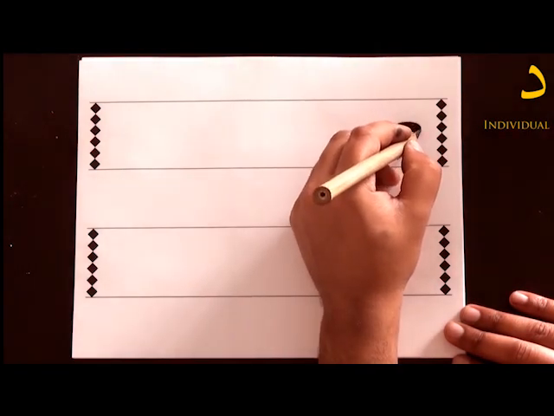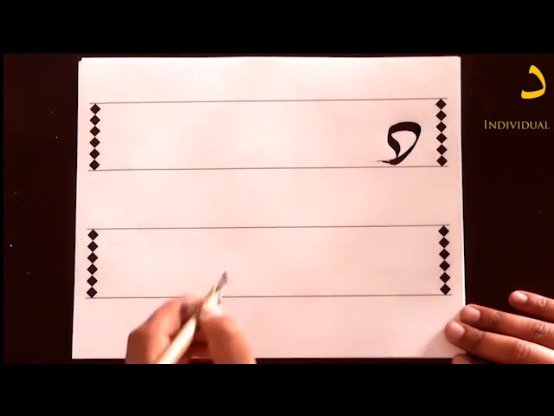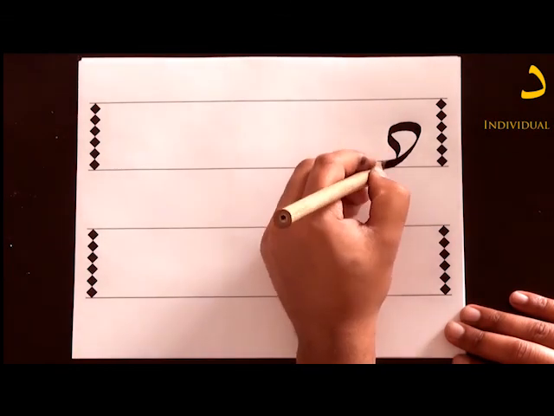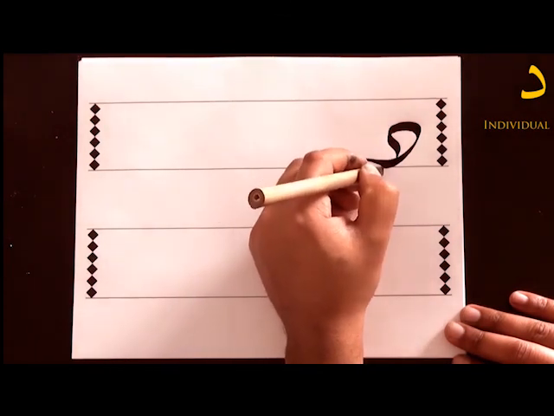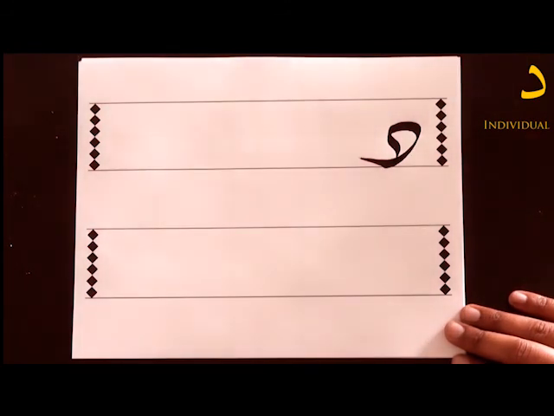The second stroke of the letter dal is a curved stroke that goes down and flicks towards the left hand side. Just like that.